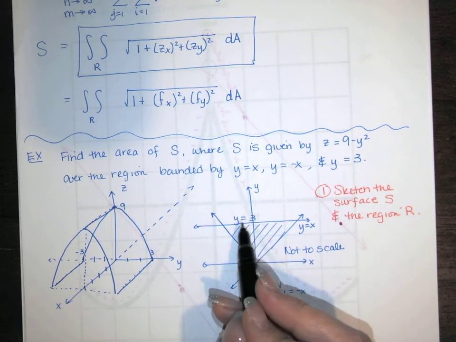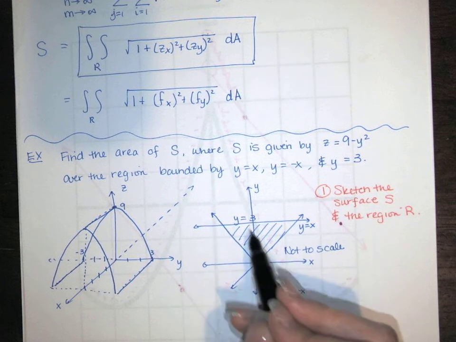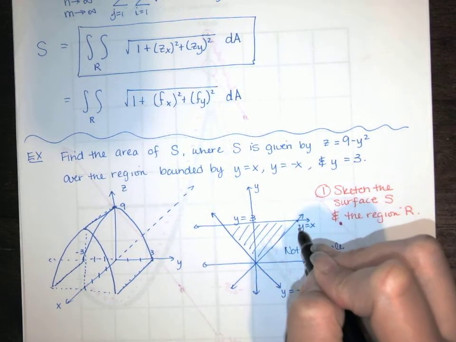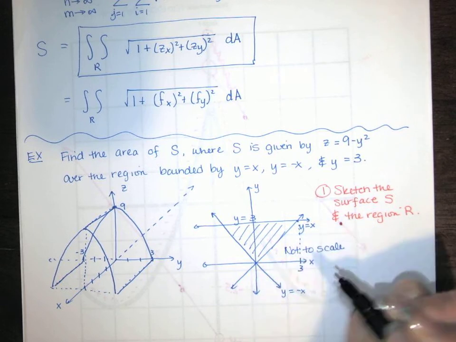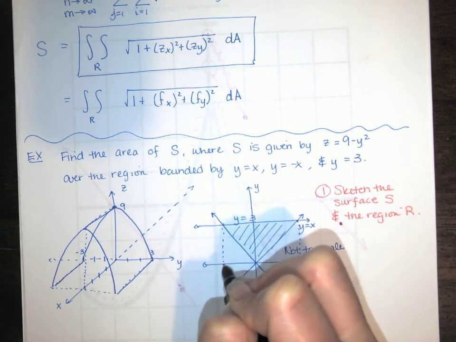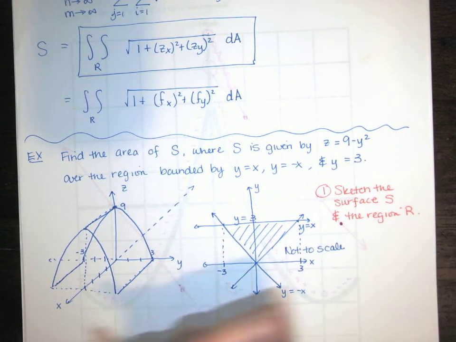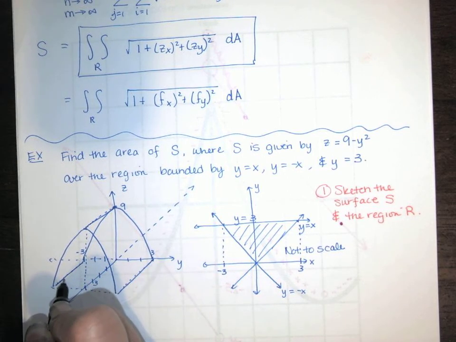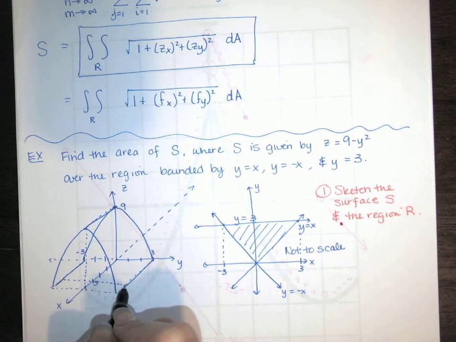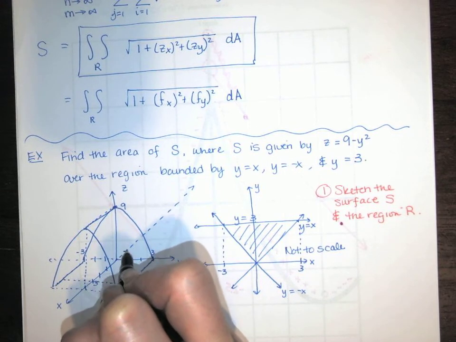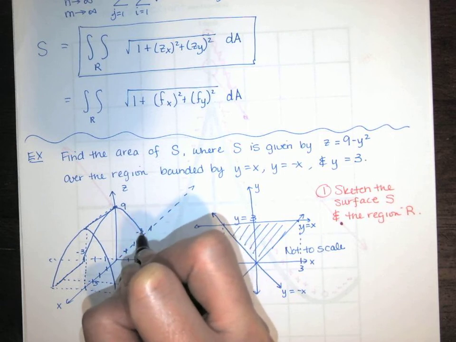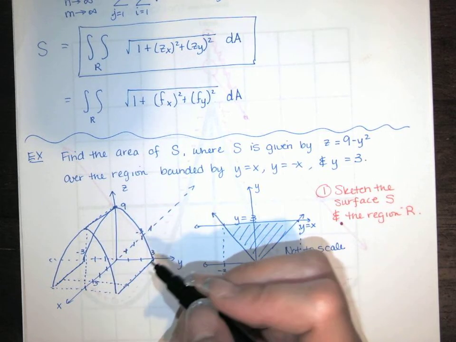If these two lines are meeting y equals 3, then the corresponding x values are x equals 3 and x equals negative 3. So x equals 3 is right here. And x equals negative 3 is right there.